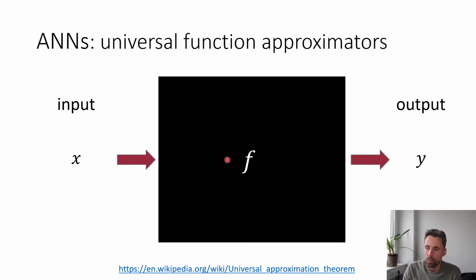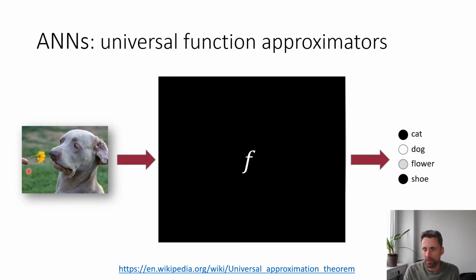And in the following lectures we'll always use artificial neural networks, and these are universal function approximators. So whatever input we have and whatever output we want to have, we can just collect samples that, for example, here show dogs and flowers, and outputs, for example, labels that we want to be able to get from that function.